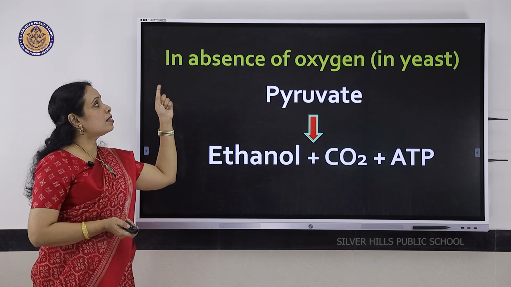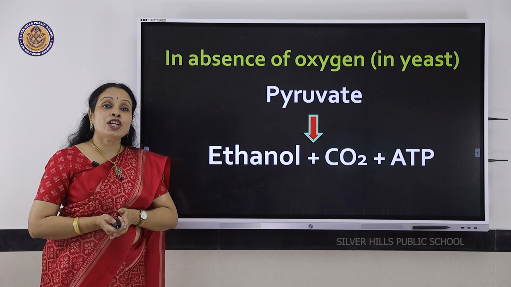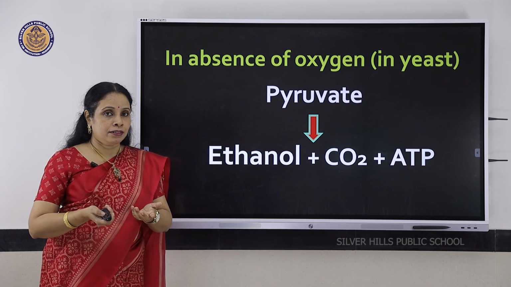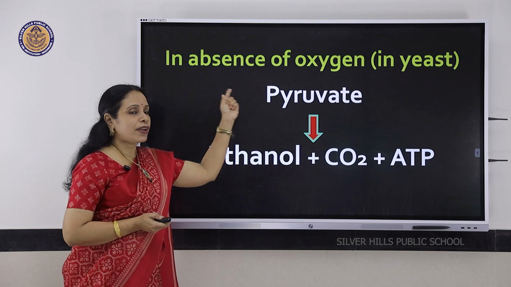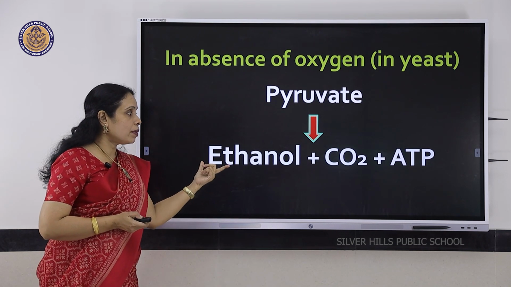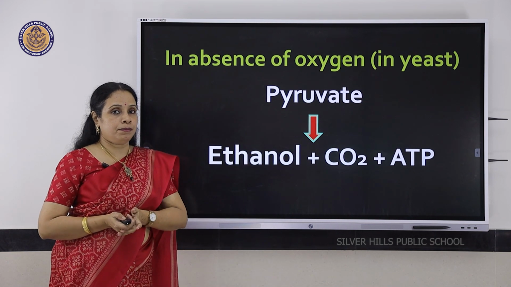The first case is in the absence of oxygen in unicellular organisms like yeast. Something called fermentation will happen, where the 3-carbon compound called pyruvate will form ethanol, carbon dioxide and ATP.